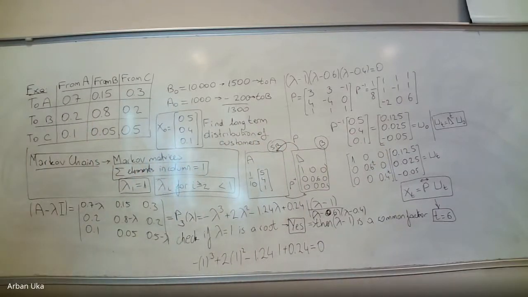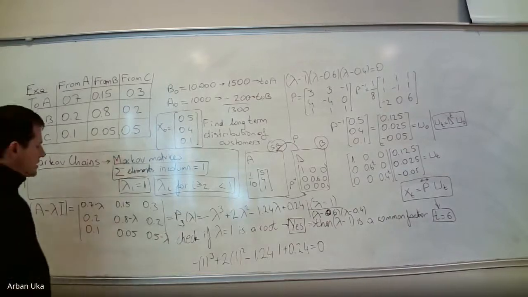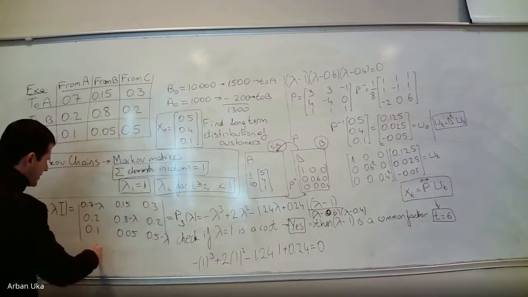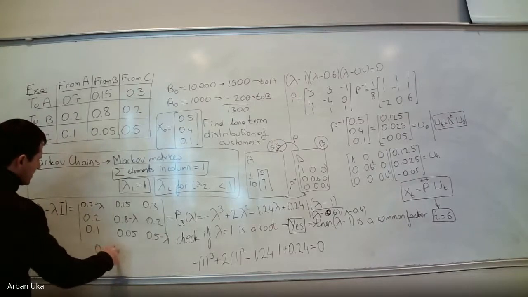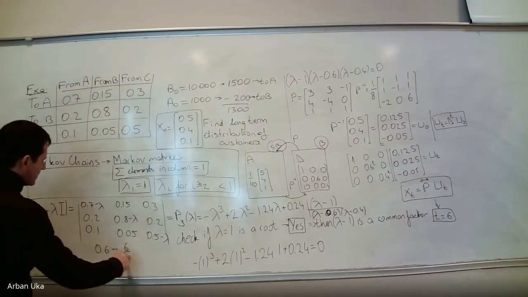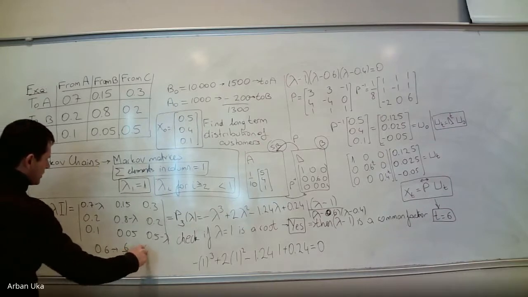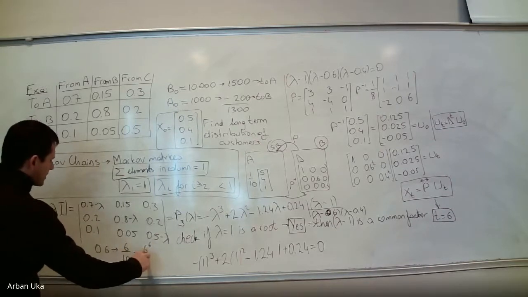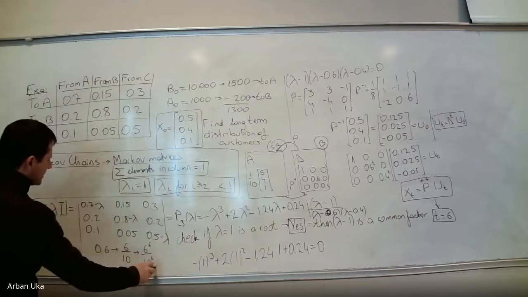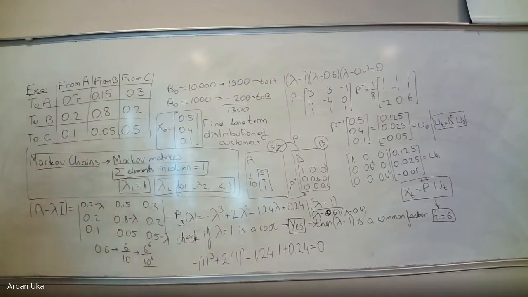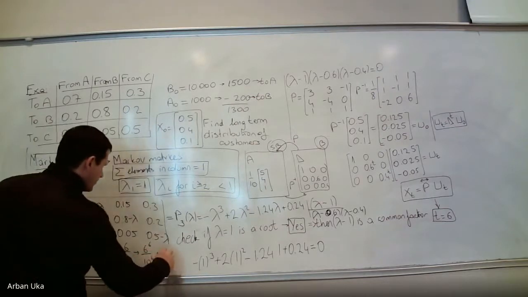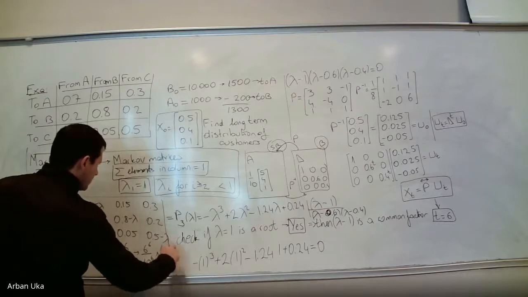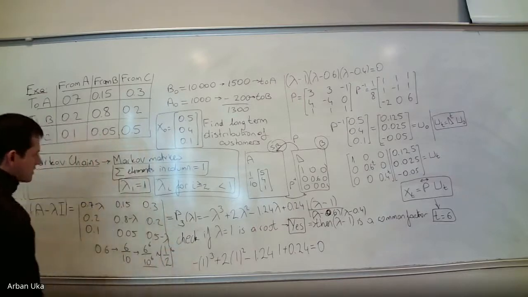Now, if we have t equal to 6, the eigenvalue that we see here, 0.6, this is equal to 6 divided by 10, and this one will converge to 6 divided by 10 to the power 6. This is approximately 1 over 2 to the power 6. 2 to the power 6 is like 64.